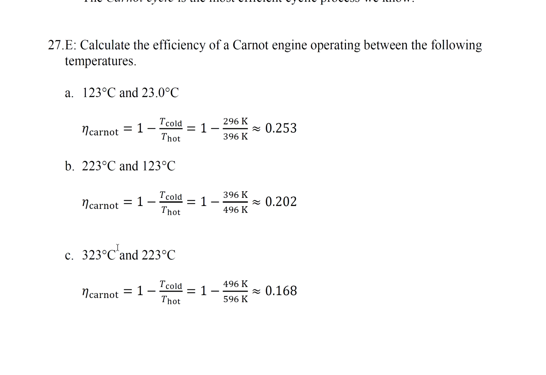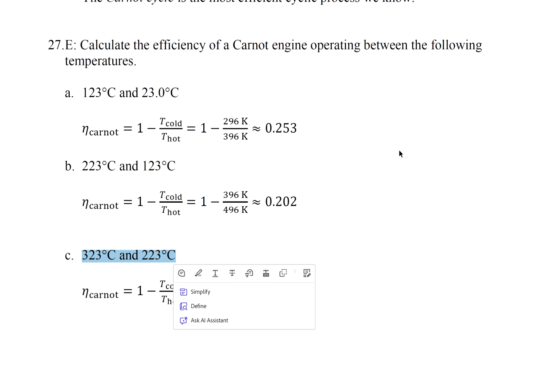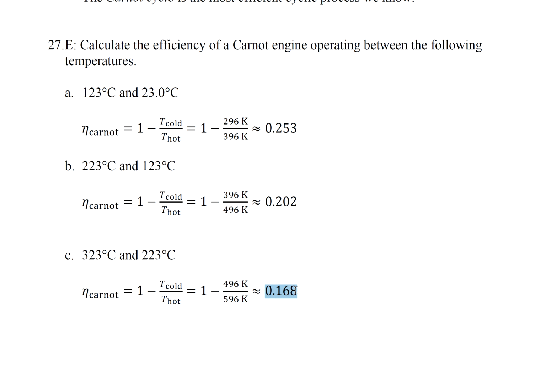But you see, as the temperature increases, eta Carnot, the efficiency of a Carnot engine, decreases. So when we go from 123 degrees Celsius to 23 degrees Celsius, the efficiency is 0.253. But when we go from 323 to 223, the efficiency decreases to 0.168.